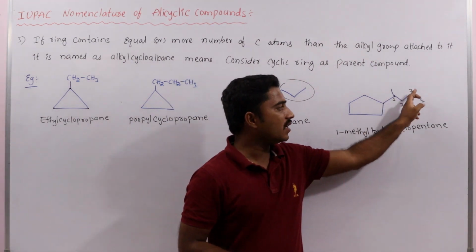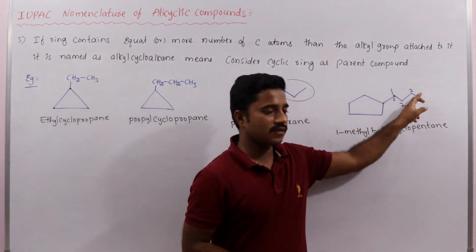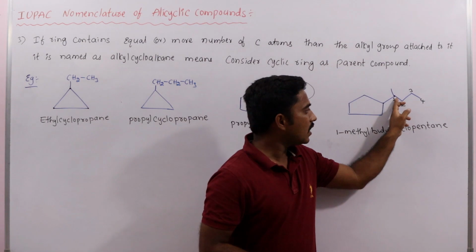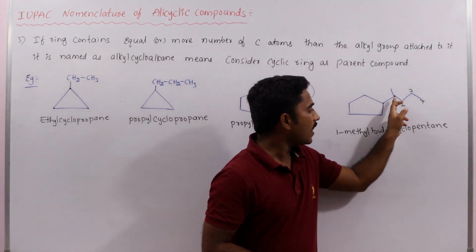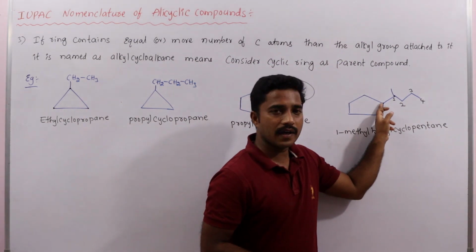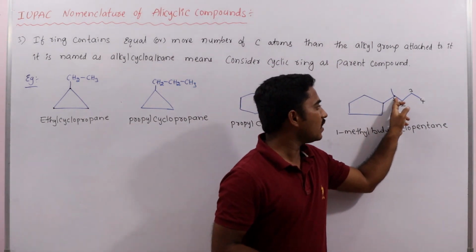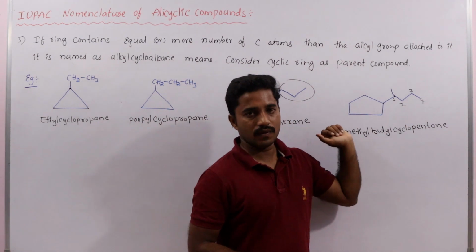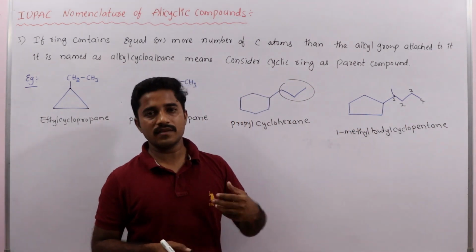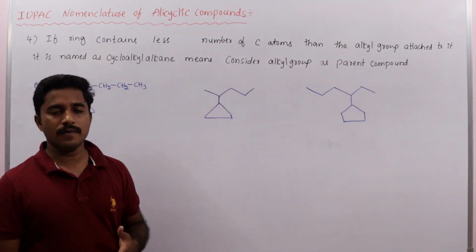When the side chain contains substituents or branches, we have to give the numbering like this. The carbon of the side chain which is bonded to the parent compound should be given as 1. So remember this very important point. So let us see the next rule.